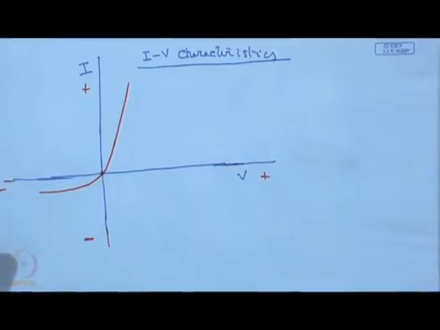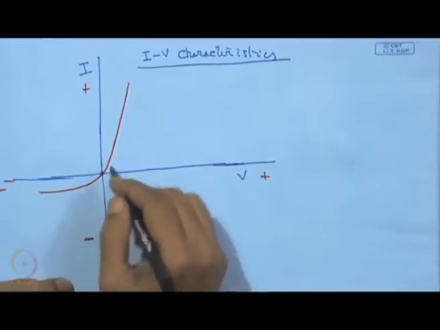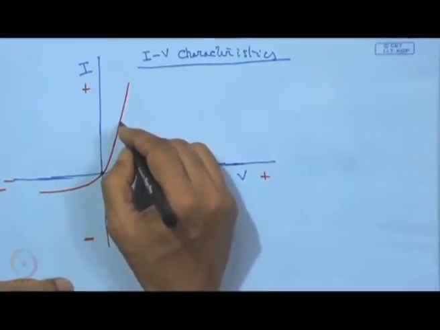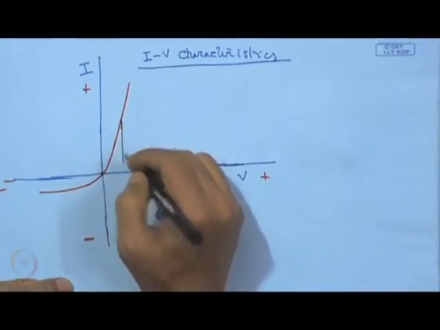Now, what we do here is superimpose one AC over this, so it will be symmetrical over the zero line. Let us have a quick look.